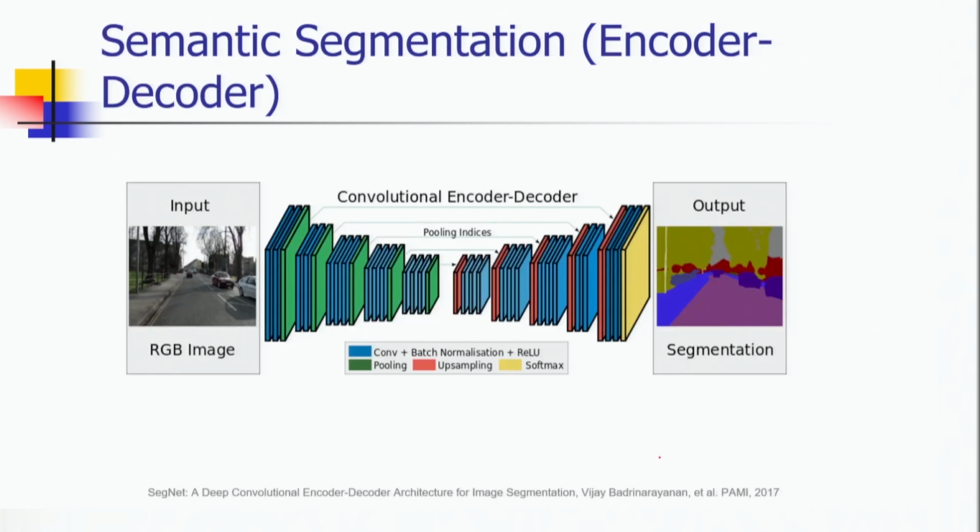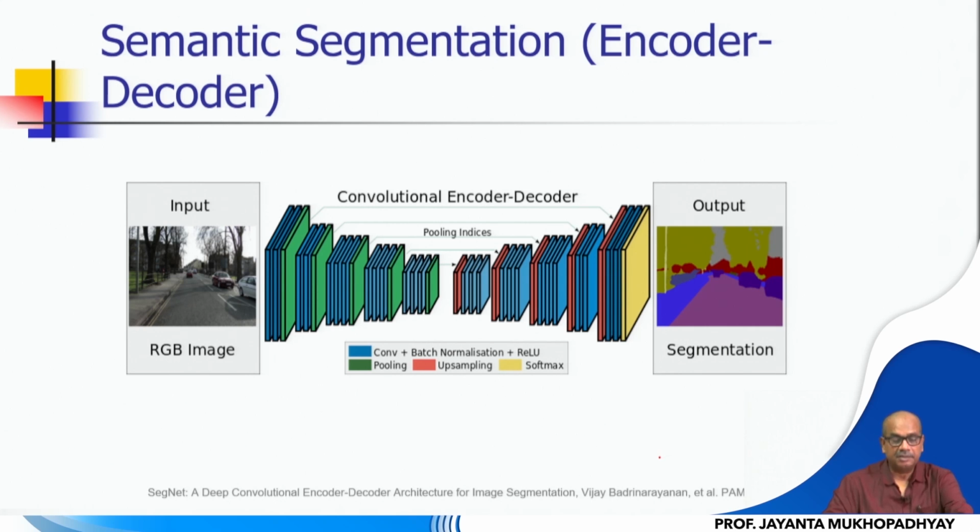So this is a very typical encoder decoder architecture which we considered, and you can see that these stages are the downsampling operations with pooling, different kinds of pooling, and then you are also propagating pooling indices.